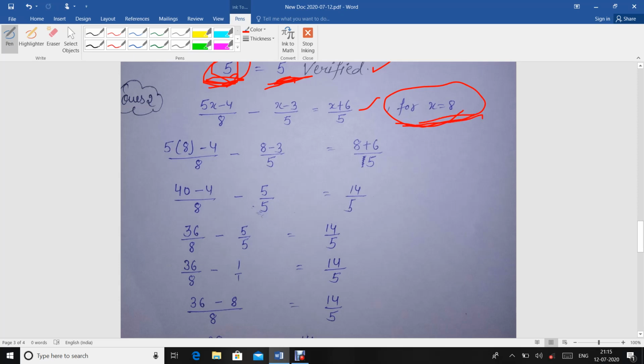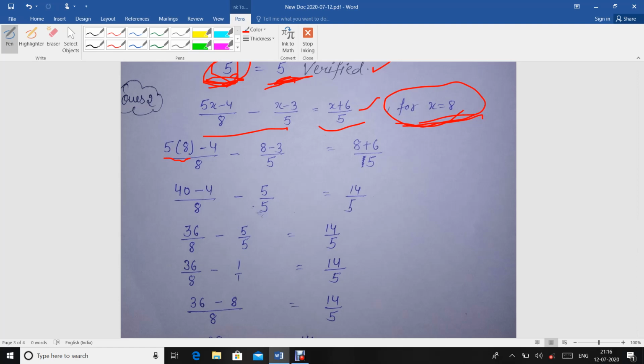Now you must be seeing here that on the left hand side of the equation x is present, meaning a variable is present, and on the right hand side of the equation also the variable is present, meaning x is present. So we need to put the value of x on the left hand side as well as on the right hand side.